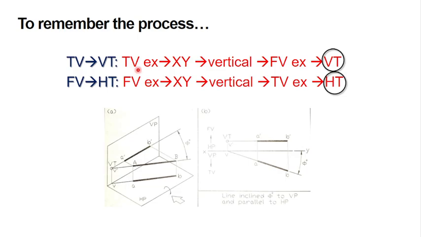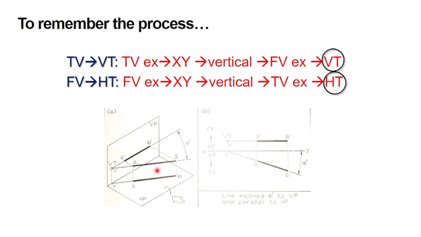TV extend means extend the top view till XY line, correct? And from the intersection draw the vertical line. This vertical line will be intersected by the extension of front view, that gives you vertical trace. And similarly for horizontal trace there is a procedure.